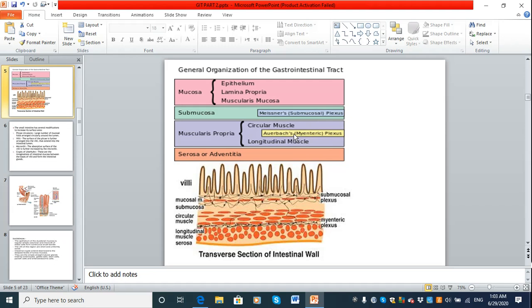The muscularis has circular and longitudinal muscle. In the cartoon diagram you will see the submucosal and myenteric plexus, as we see here in the transverse section of the wall of the intestine.